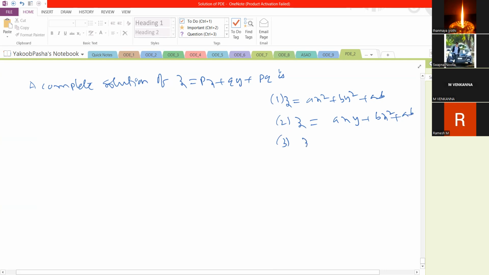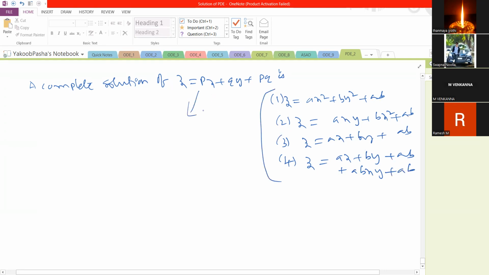Third option, z is equal to ax plus by plus ab. And fourth option, z is equal to ax plus by plus ab xy plus ab.